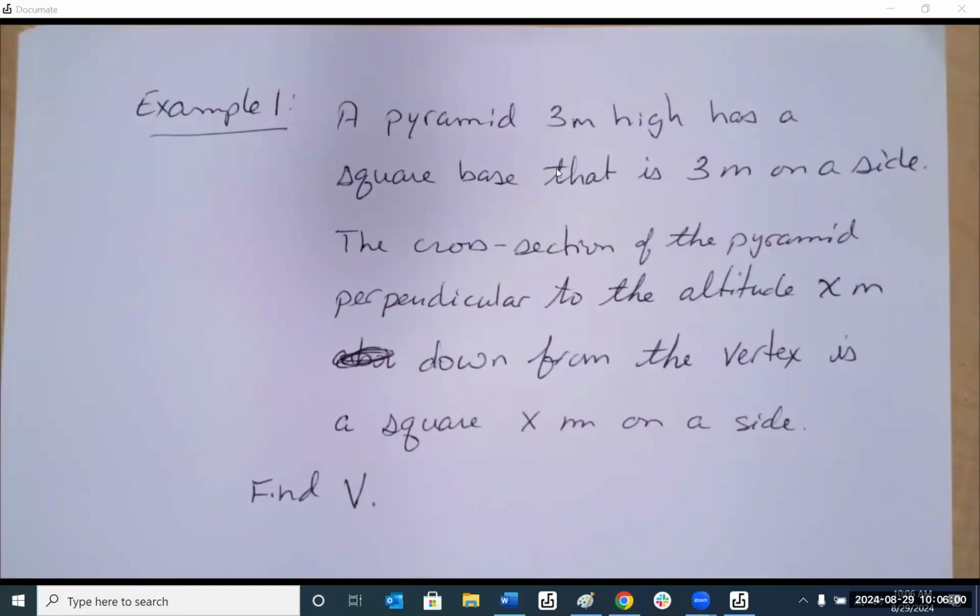Again, you have it on your example sheet. The only thing you have to do here is work it out. So looking at our steps, we have 4 steps. Let's sketch the graph. It says a pyramid 3 meters high has a square base that is 3 meters on each side.